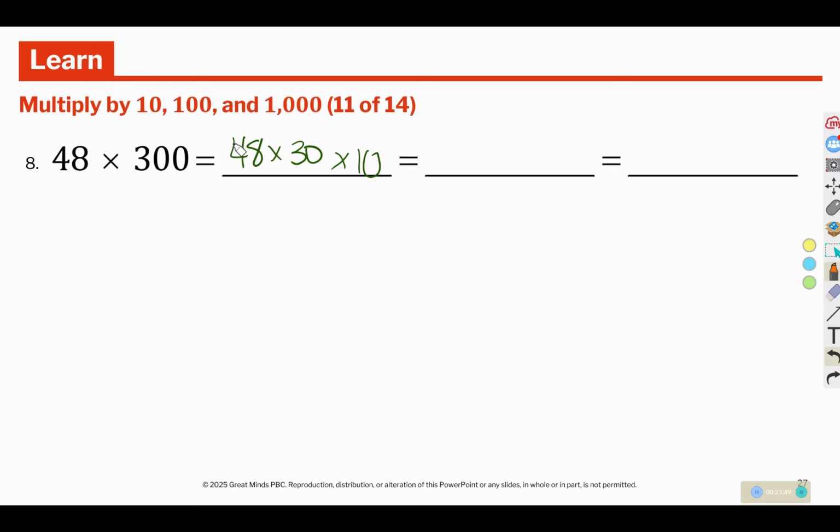From the previous problem, we saw that 48 times 30 was 1,440. I need that answer times 10, which shifts the place value 1 spot. So I need an additional 0. This is 14,400.